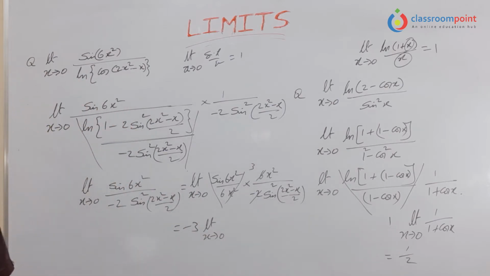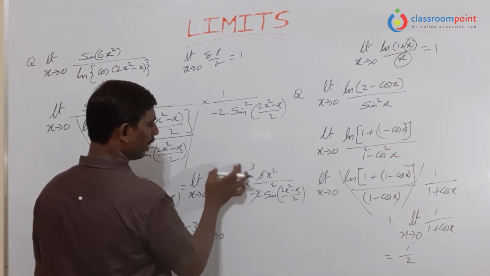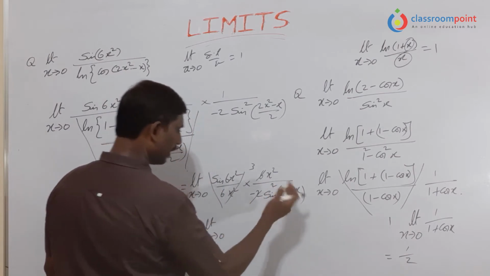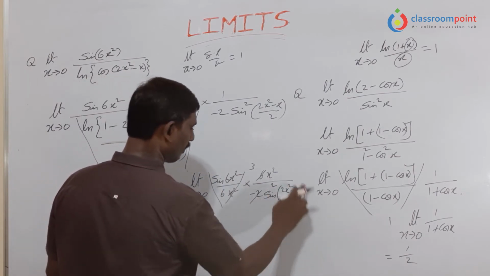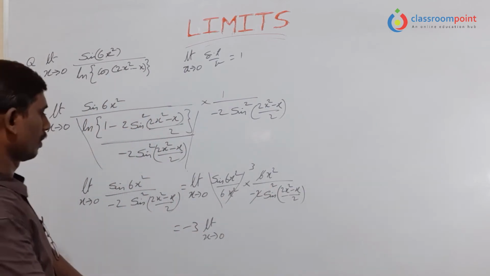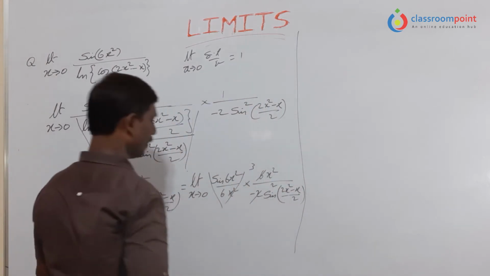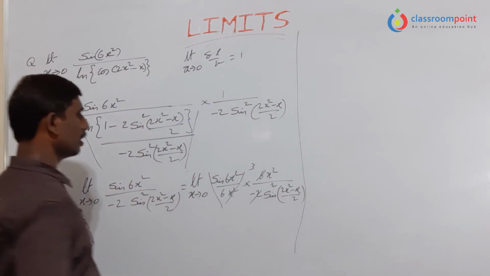Then what to do here? Minus 3 keep outside. Then the sine of that value, this value also we solve like this, multiplying and dividing with the sine of theta value, but it is sine square we have. So I'll take here, a little bit lengthy problem it is.